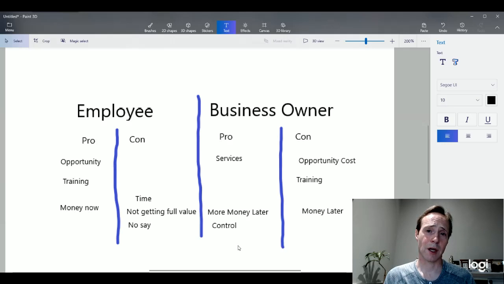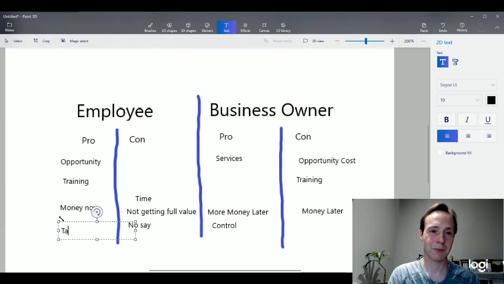The reason a lot of people become employees rather than setting up their own business is they don't want to make the decisions. They don't want to have that control. They really want somebody to take care of them. And that's actually a benefit of being an employee, that you get to be taken care of.